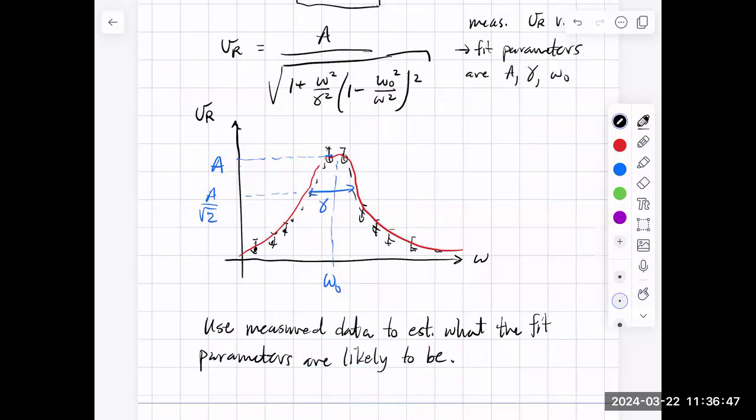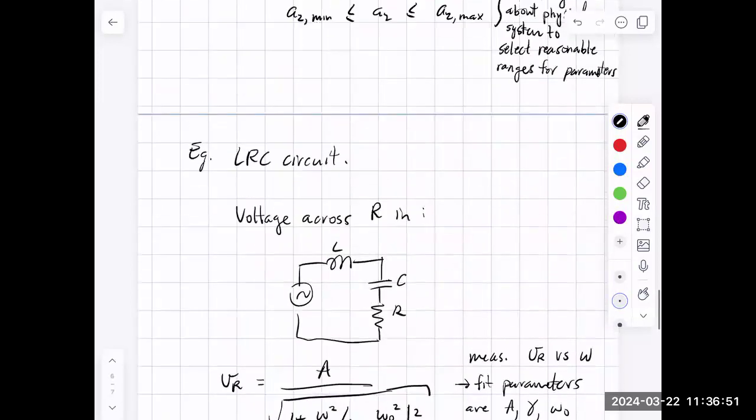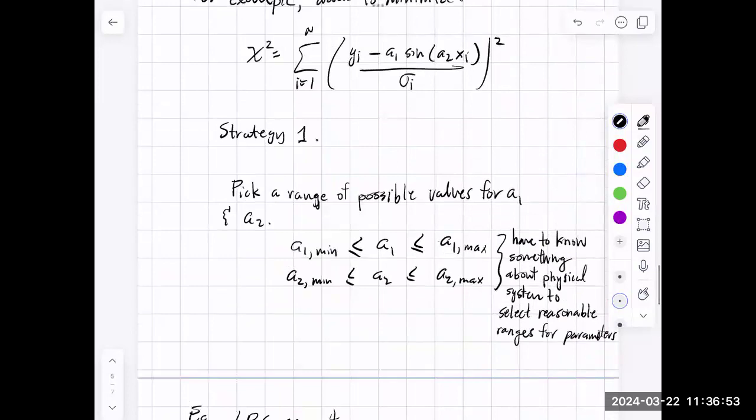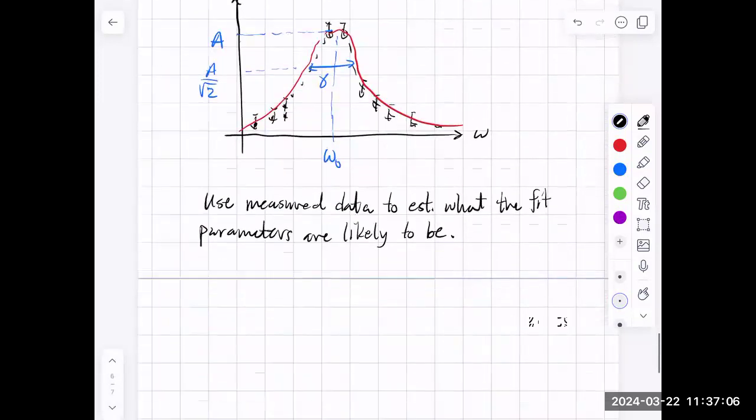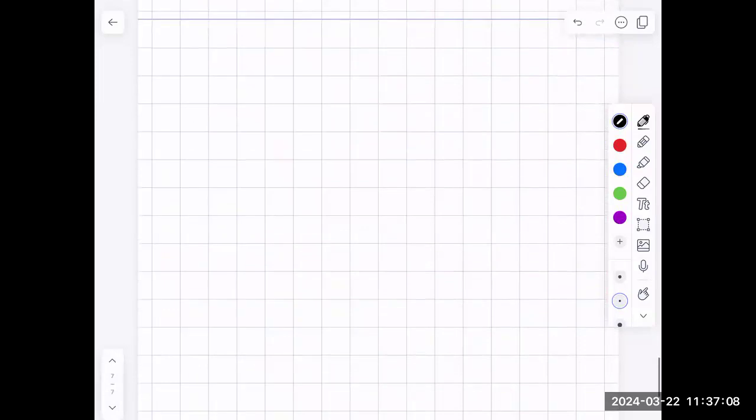Okay. So now we've done step one. We've looked at the data that we've measured, and we've selected some possible ranges for our fit parameters. In the example that we're doing, there's two fit parameters, A1 and A2. In the example of the LRC circuit, we had 3 different fit parameters.